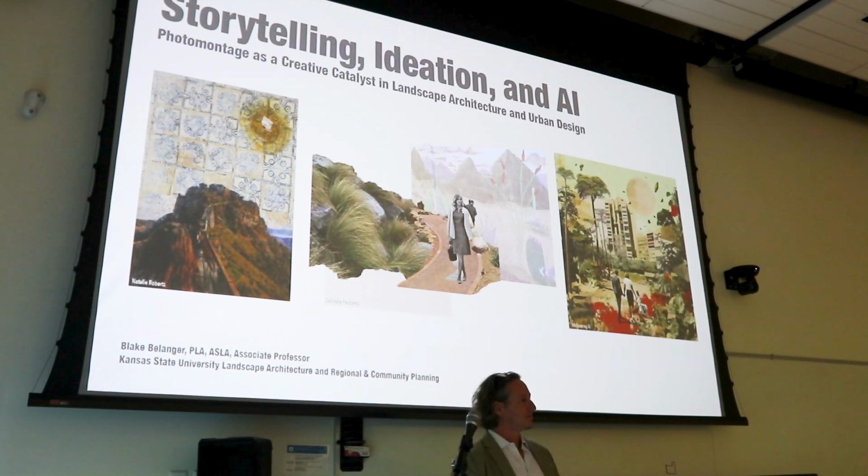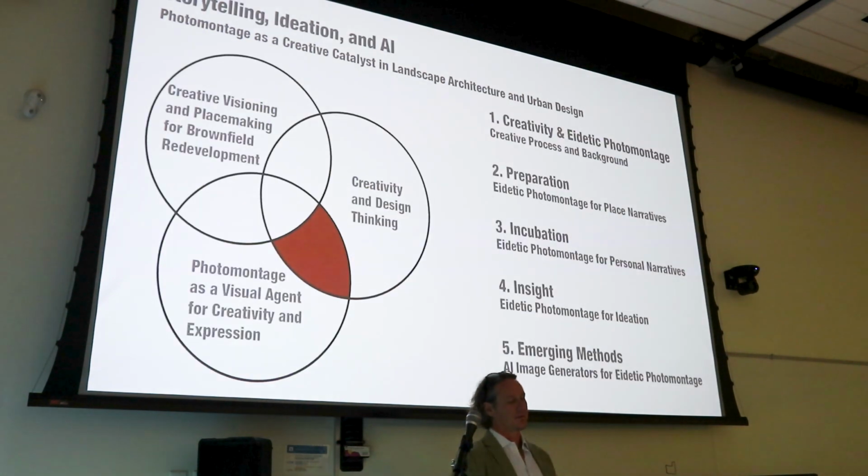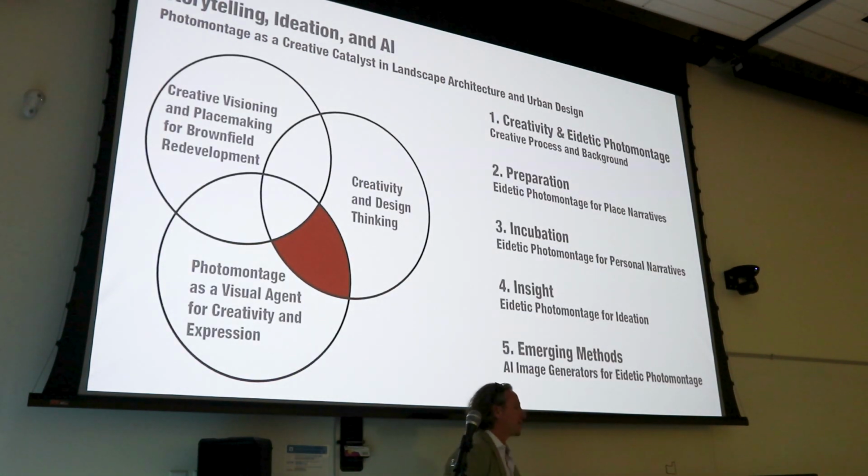I'm going to talk to you today about photomontage and a specific type of photomontage called eidetic photomontage, which is really about idea generation, a conceptual type of photomontage. And as Frank mentioned in my introduction, I really have three areas of focus in my research and teaching. One is brownfield visioning and redevelopment.